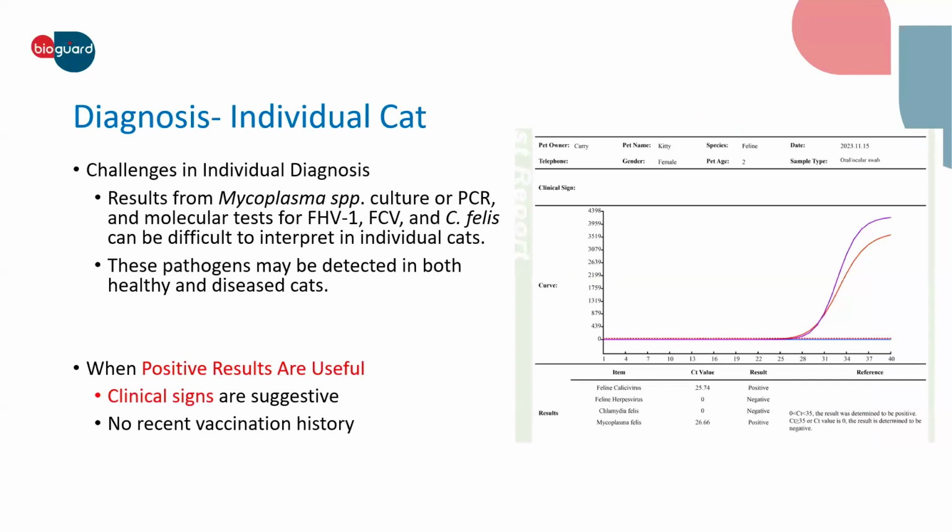In diagnosis for an individual cat, there's a challenge because the results from Mycoplasma culture or PCR and molecular tests for FHV, FCV, and Chlamydia felis can be difficult to interpret, because these pathogens sometimes can also be detected in healthy cats.